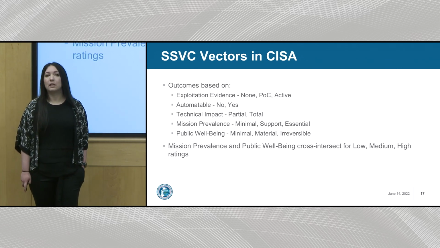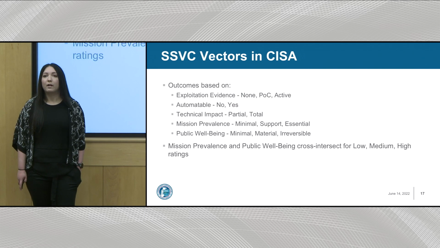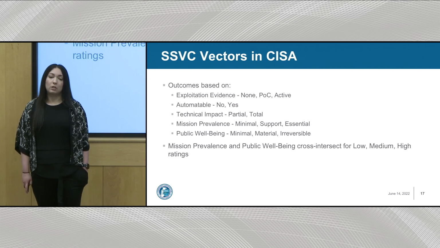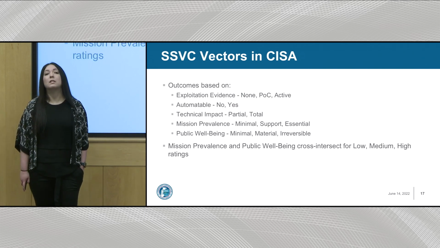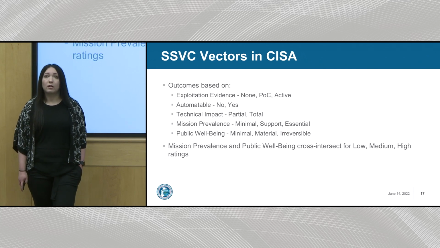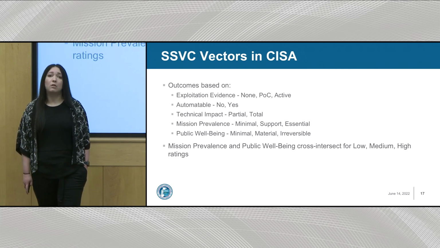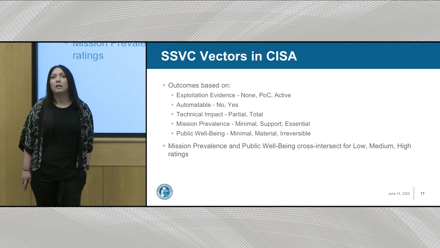Mission prevalence. This category looks at the number of the affected product in the environment you're analyzing, but it also takes into account the importance of that functionality of the product in the environment. So essential. Is this product super prevalent in your environment, and does it also provide important functionality?